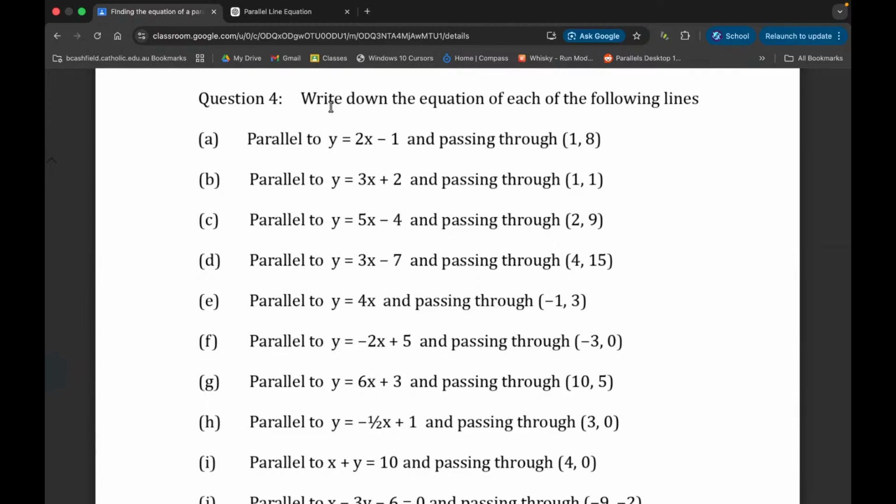But now we have to find the intercept. So (1, 1). We know that this is the x and this is the y. No, what am I saying? We're going to substitute that 1 in for the y. So we're going to go 1 equals 3x plus c.